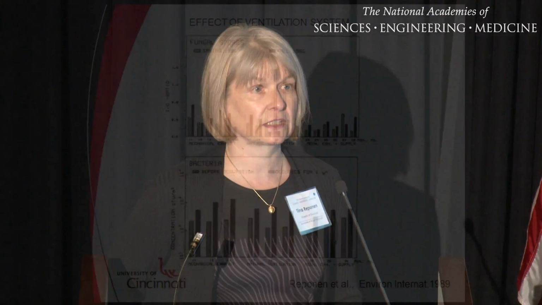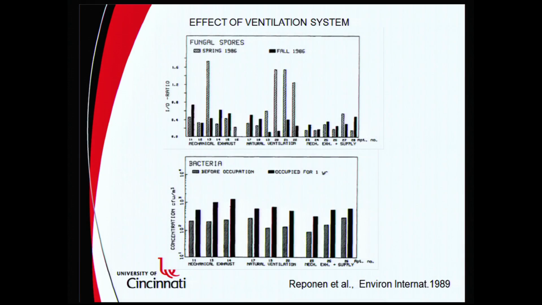This one was a different study where we had three experimental apartment complexes. Each one of them had 6 apartments, with people living there, and they were otherwise exactly similar structures, same building materials and so on, but they had different ventilation systems. On the left-hand side is mechanical exhaust, in the middle natural ventilation, and on the right-hand side mechanical exhaust and supply.